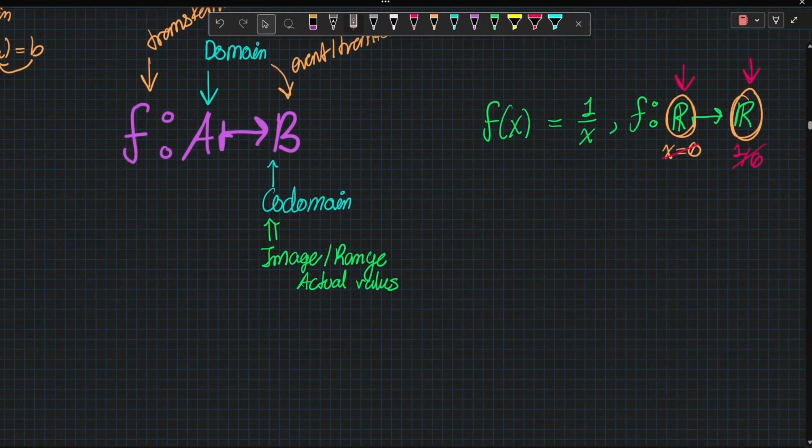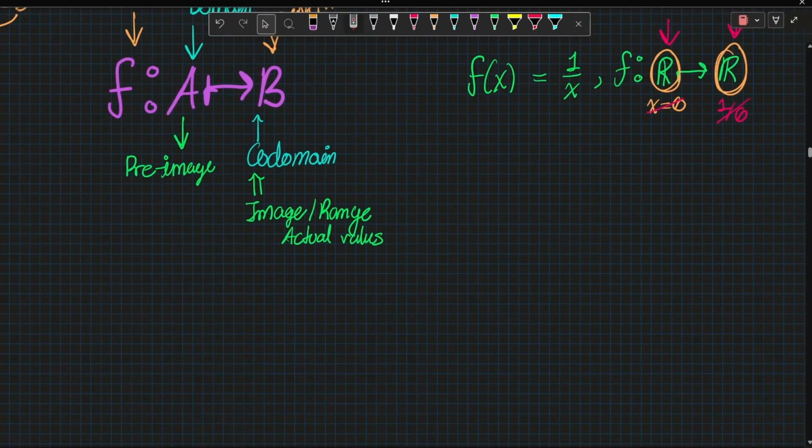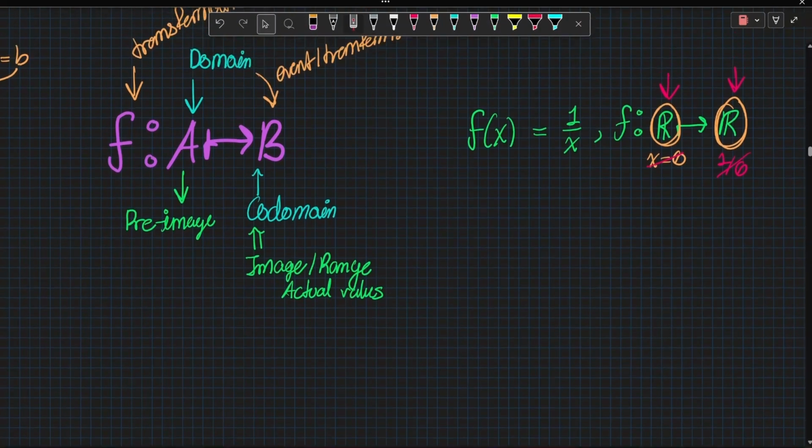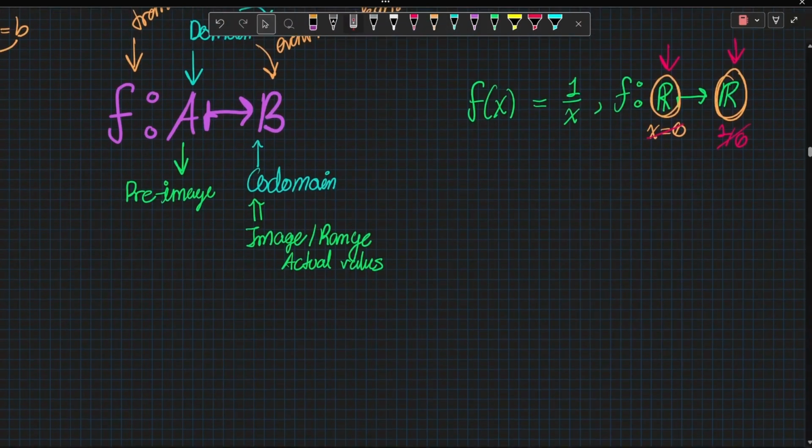And working backwards from the domain and codomain, there exists another term called the pre-image, okay? And the pre-image is, again, a smaller set, or the actual set of numbers that map to the image. However, in terms of the domain and codomain, you're meant to analyze from the domain to the codomain.